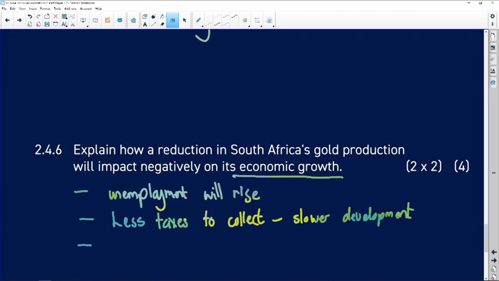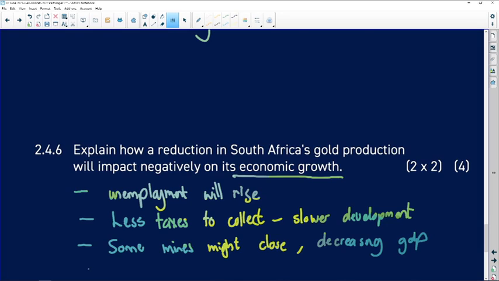Okay, we can also mention some mines might close, because of the decrease in the GDP. And we can mention the multiplier effect.